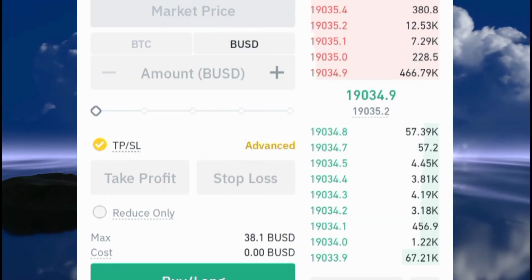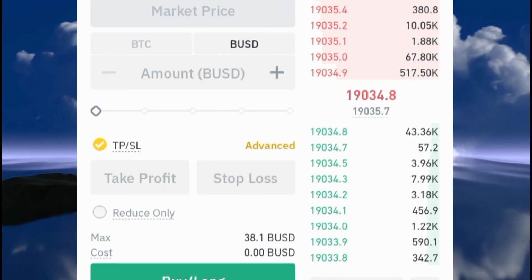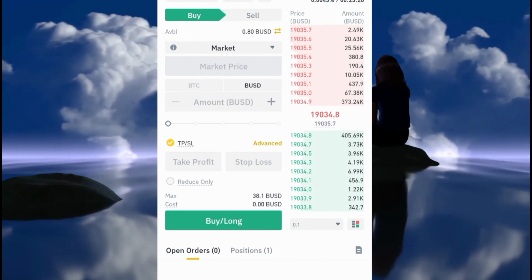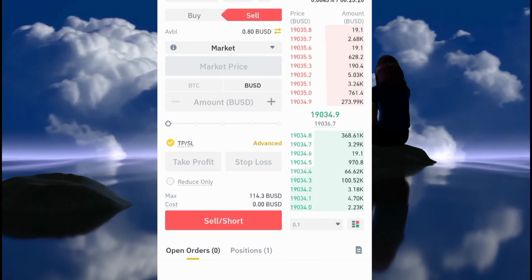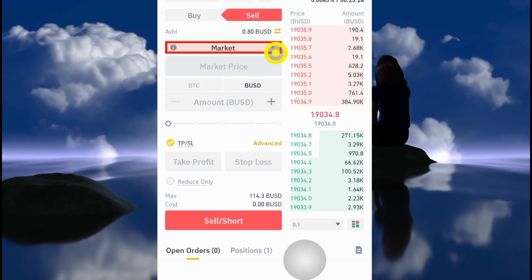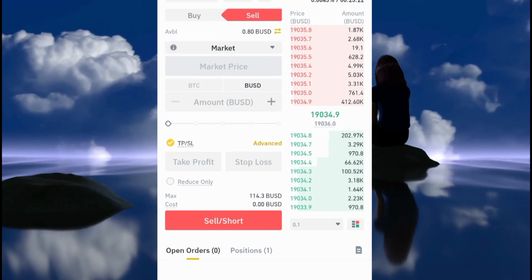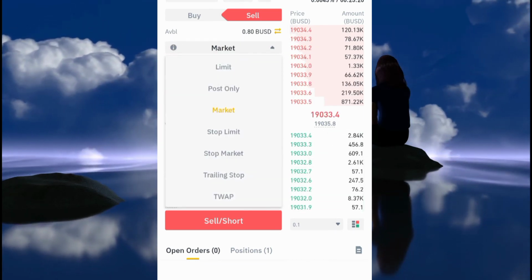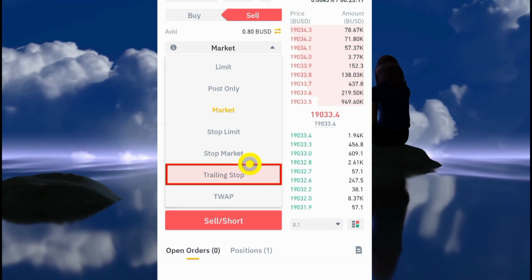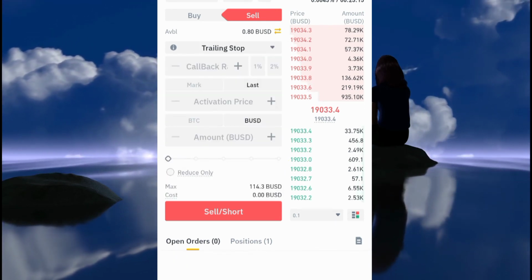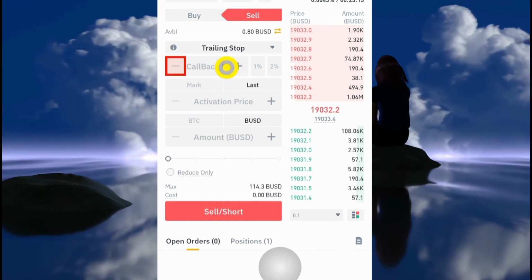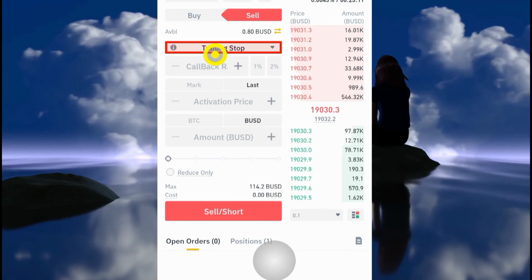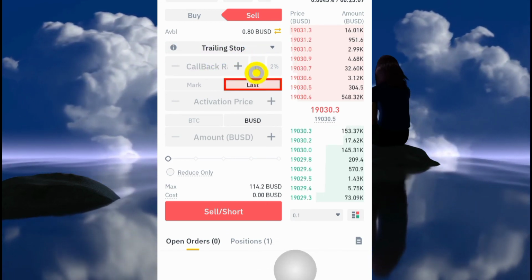Now I want to set a trailing stop order, so I'm gonna click on sell. So what I want to do now is tell Binance, hey Binance, I have bought Bitcoin, but I know the crypto market is very volatile, so I want to set a trailing stop order. So you can see I just selected that.